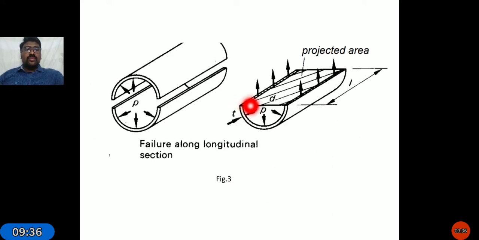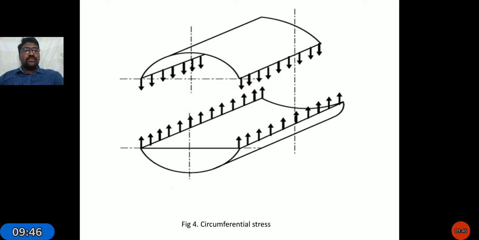Observe, this is the thickness and this one is thickness, so the total resisting portion in this cylinder is 2T into L. Next, it will split into two halves like this, and in this region it offers some resisting force along its length.